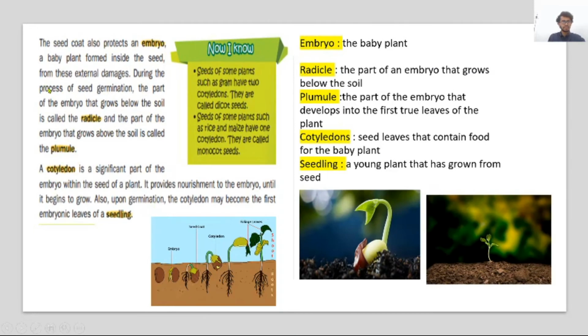During the process of seed germination, when the seed is growing, the part of the embryo that grows below the soil is called the radicle. Look at this.